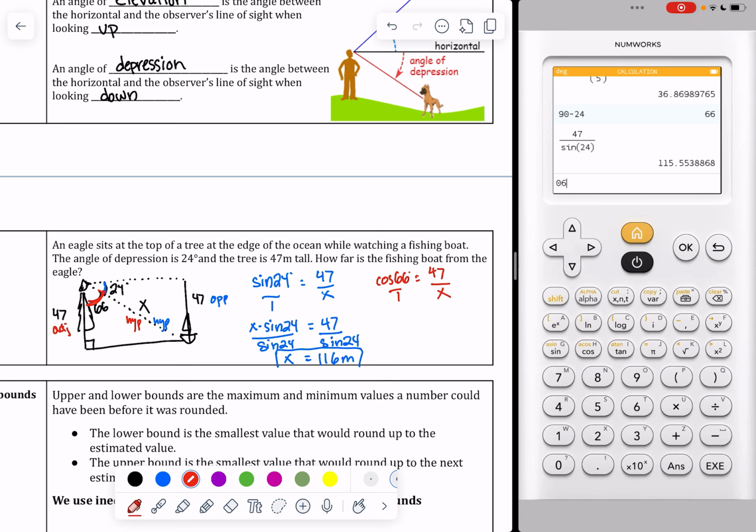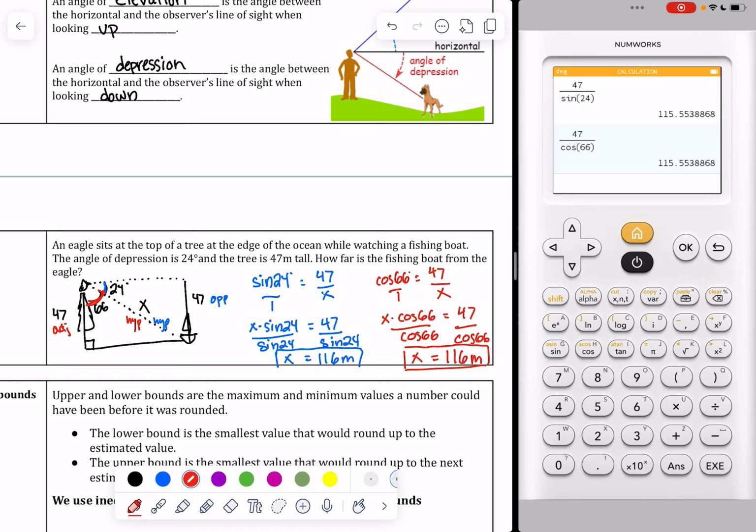So we'd have x times cosine 66 equals 47. Divide each side, and we should get the exact same thing. So 47 divided by cosine of 66 equals 115.55, so rounding to 3 sig figs, 116 meters. So same thing.